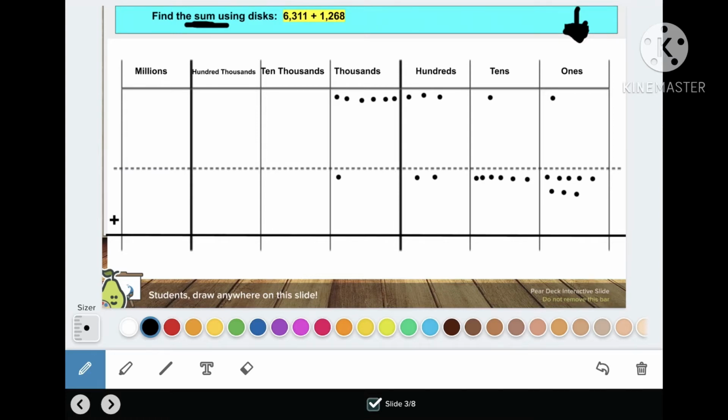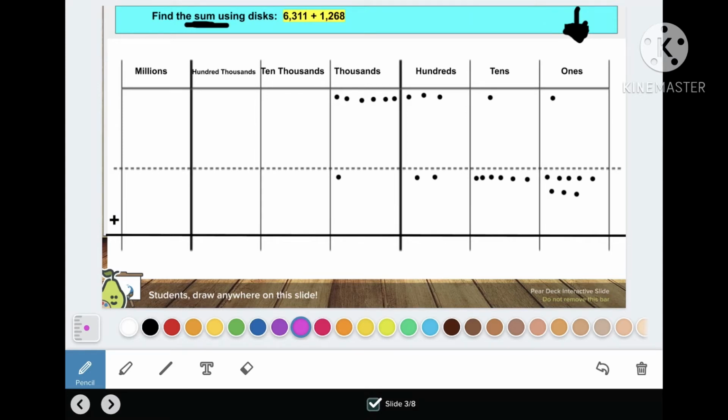So we have 1 one plus 8 ones. What is my sum? 1 one plus 8 ones. How many ones do I have? That's right, 9 ones because I know that I can count 1, 2, 3, 4, 5, 6, 7, 8, 9.